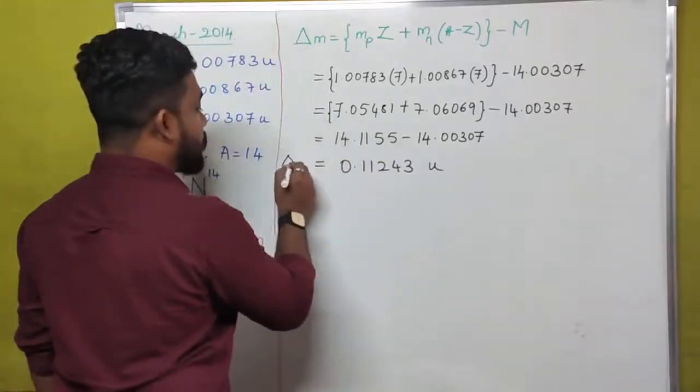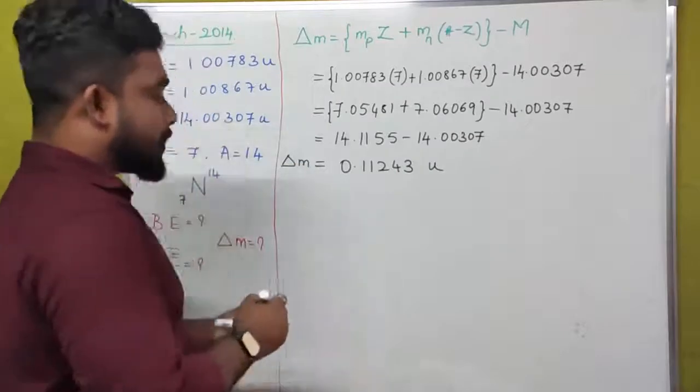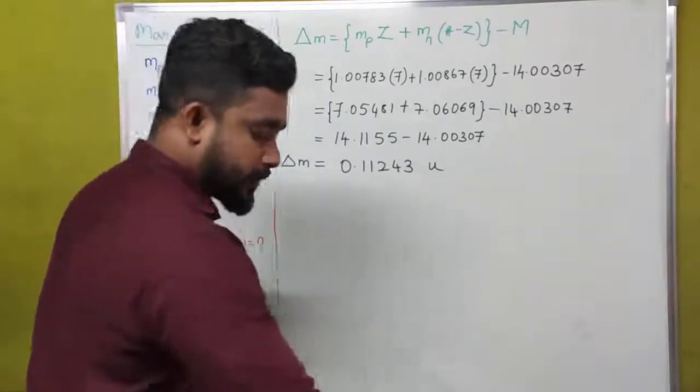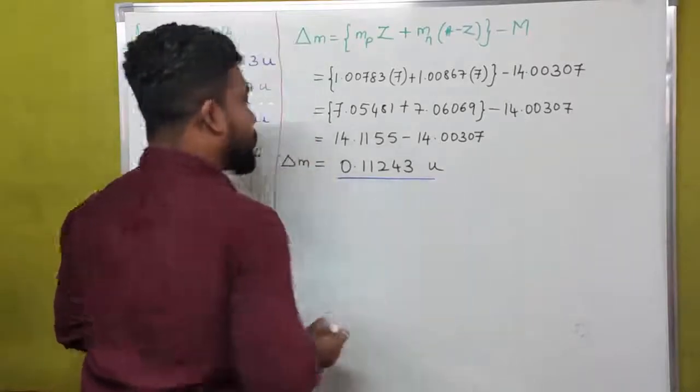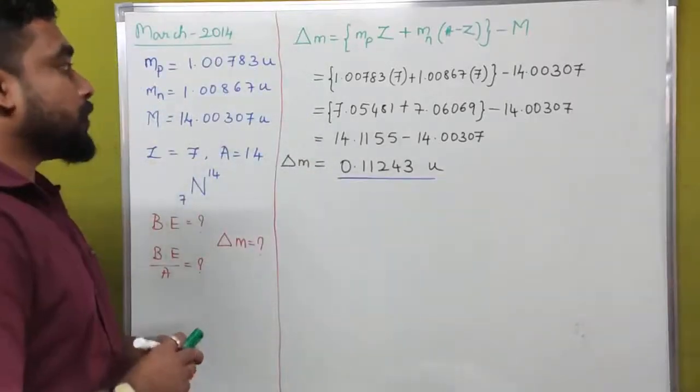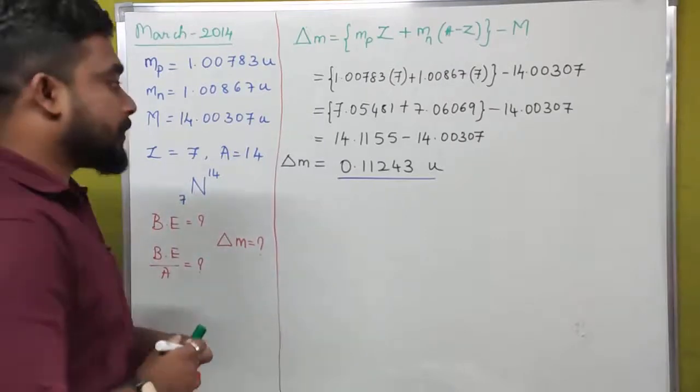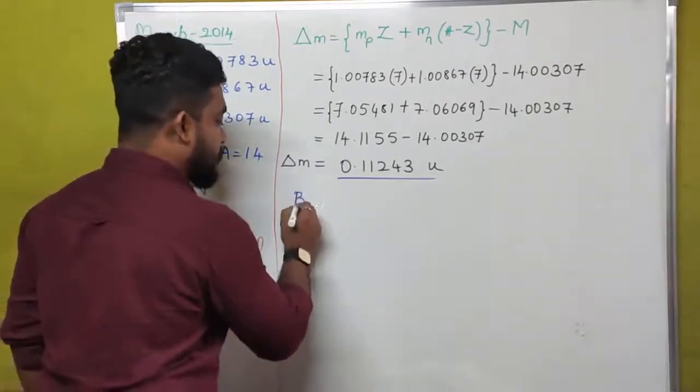Actually, this is the value of delta M. Delta M, that is the mass defect, is equal to 0.11243 units.